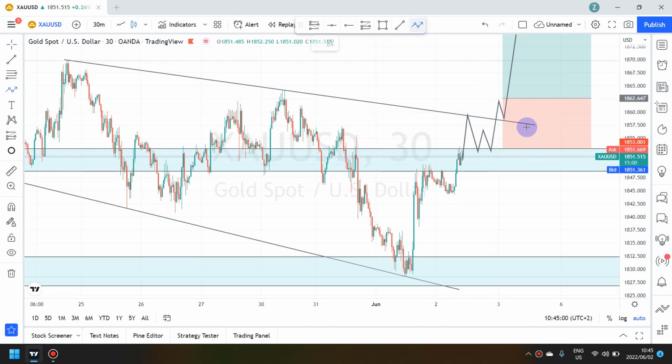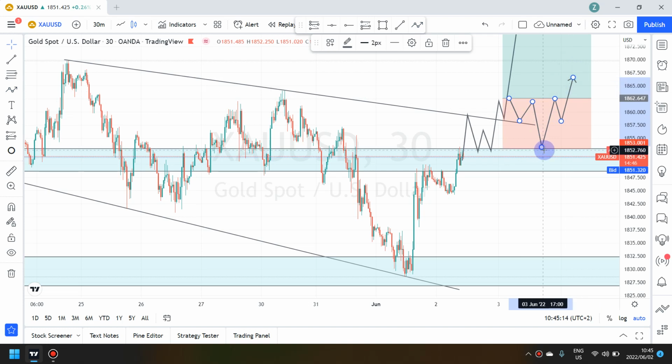So if the market, say for example, activates my trade and then pushes to the upside, gives me an inverse head and shoulders and stops me out here, setting a manual stop loss is whereby I close my trade manually rather than automatically.